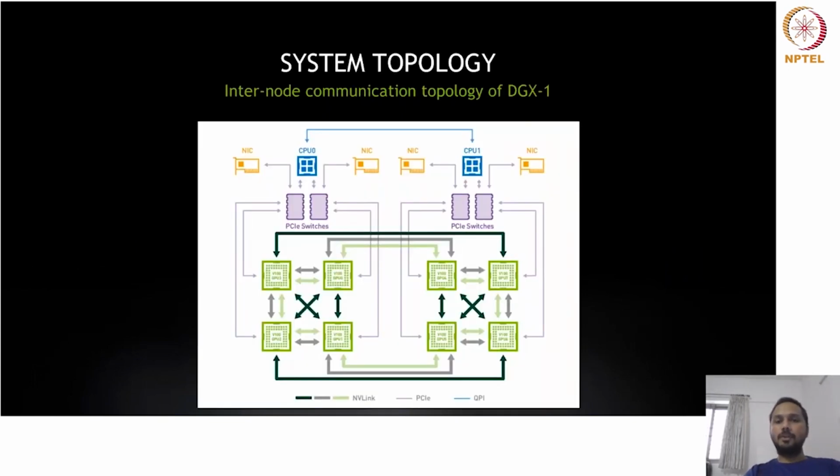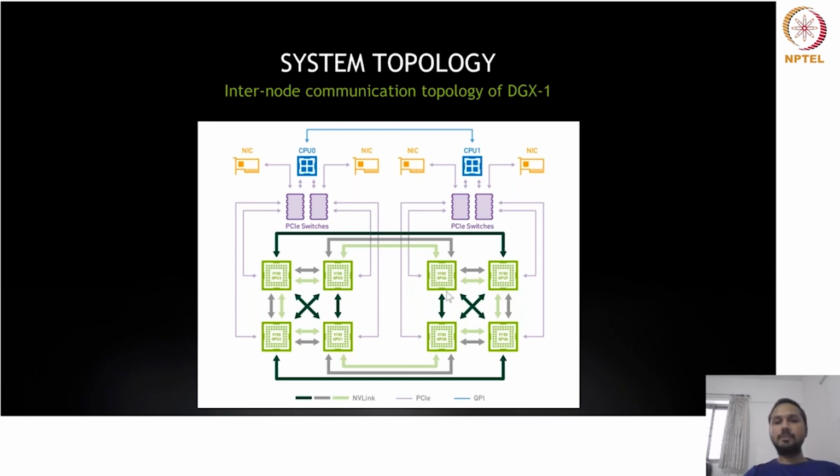And we saw a particular system architecture, which I explained in the last call, which is one of the NVIDIA systems called NVIDIA DGX. NVIDIA DGX system consists of two CPUs, CPU 0 and CPU 1. It consists of a couple of PCI switches, and it also has 8 GPUs.